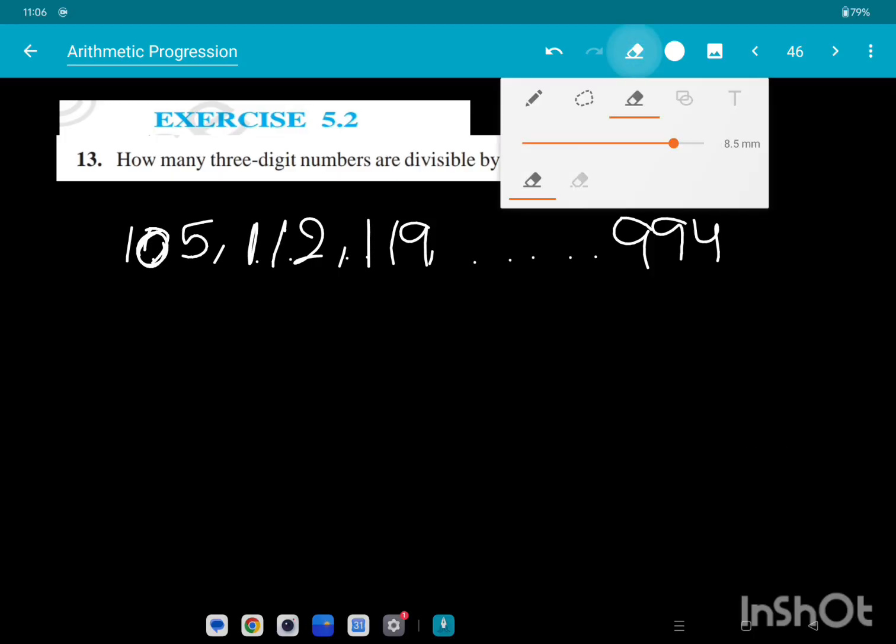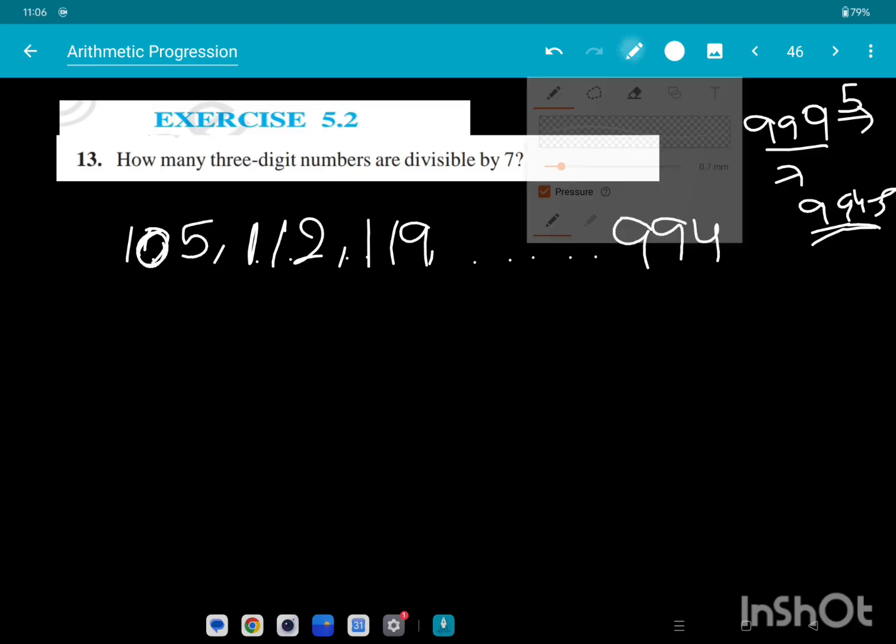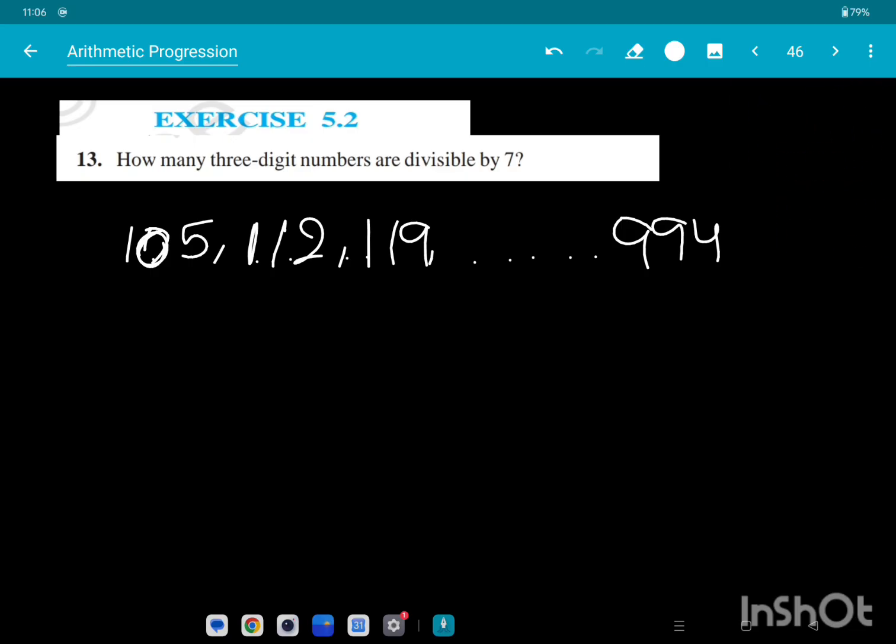If you want, you can calculate for 999, 998, 997, 996, 995, 994. If I divide 999 by 7, I get the remainder 5. So if I subtract 5, 994 will be the number. If you understand this logic, then it will be easy for you to calculate as well. So 994 is the last.